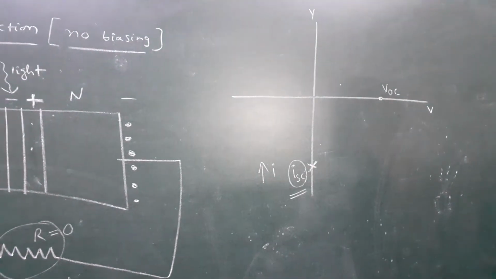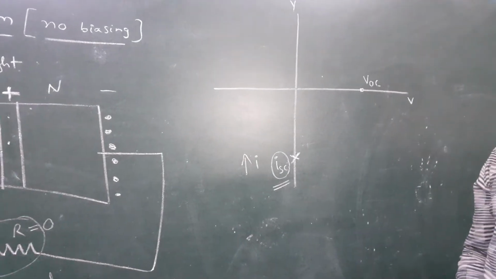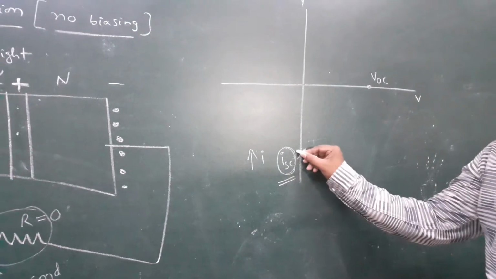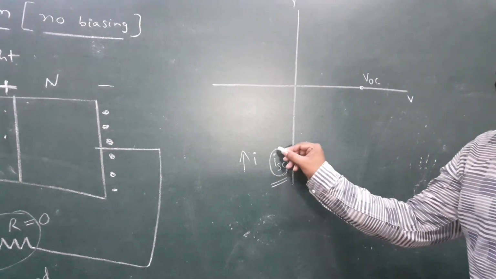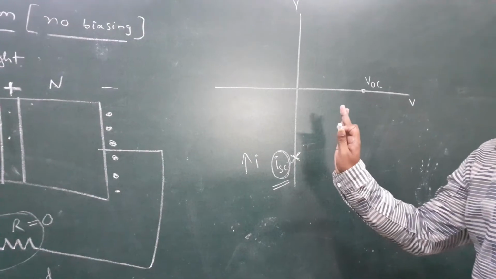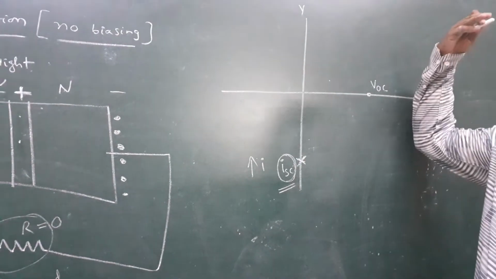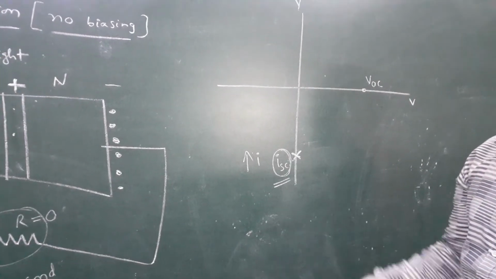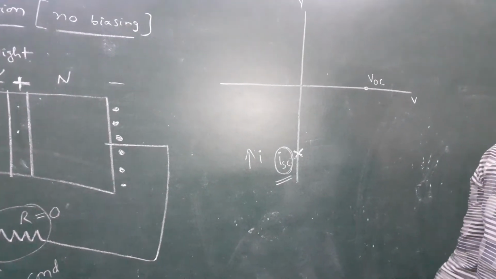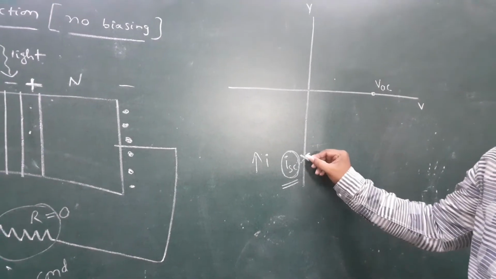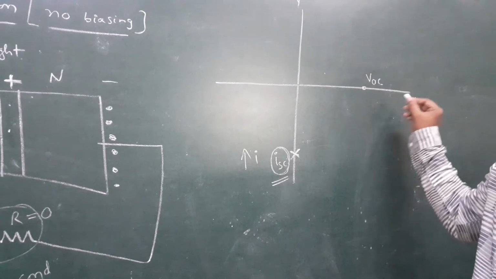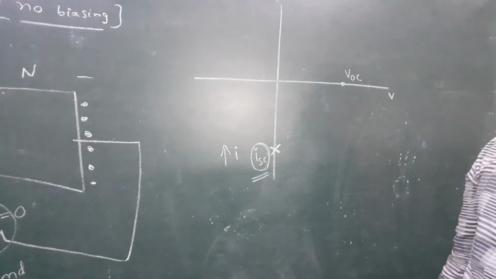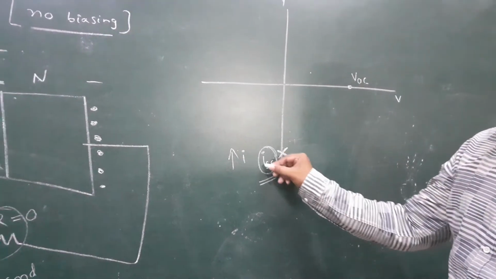Here, low voltage is applied, but I take a conducting wire, so current flow is maximum. At low voltage, nearly voltage becomes 0. So this point on the y-axis, the x component becomes what? 0. That is why this current is called short circuit current, because here I take a conducting wire.